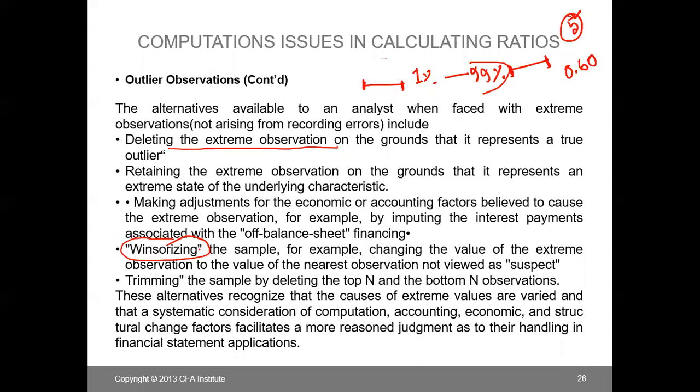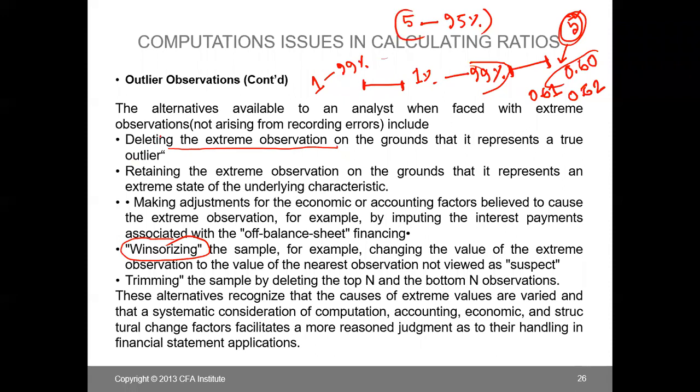So when you make the Winsorization, what will happen? This return on equity of 5 will come to a number, say 0.61 or 0.62, which will become closer to the 99th percentile number. So I can make a Winsorization between 1 and 99%, or I can make a Winsorization between 5 and 95%.